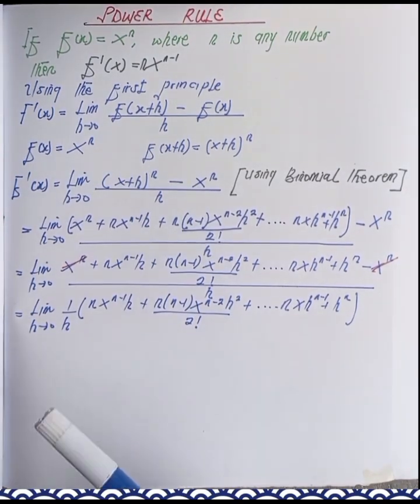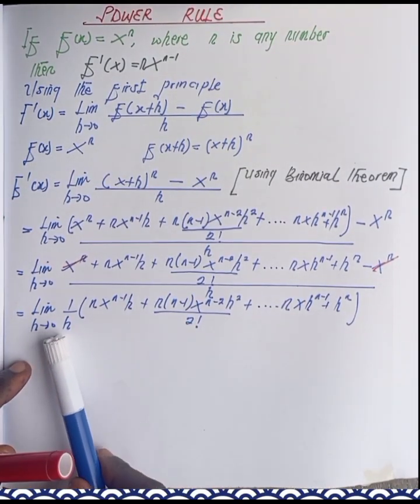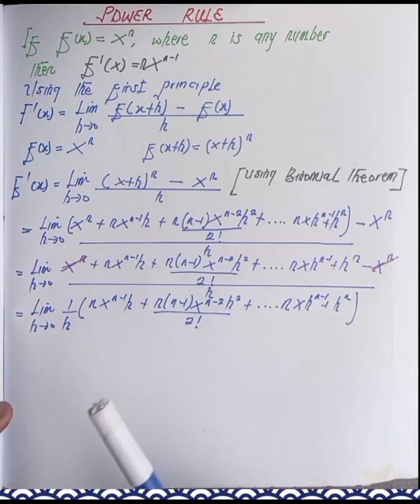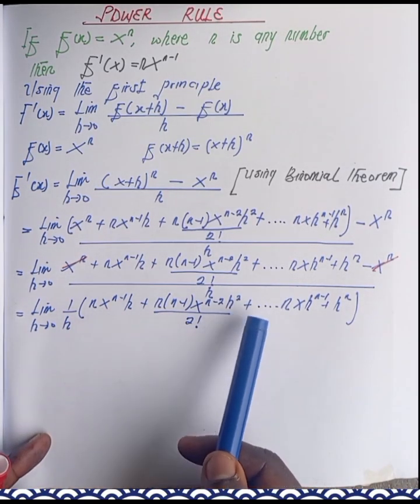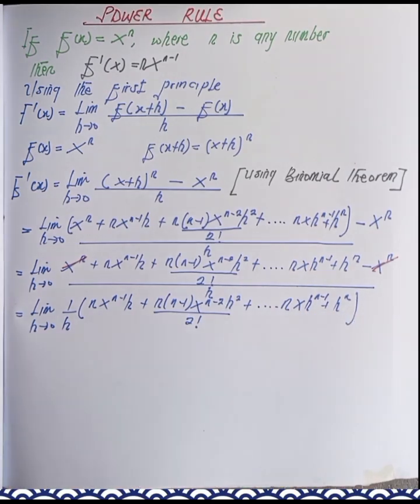From here, when we take the limit as h approaches 0, we are going to get 0. So what we are going to do is factor h out, because we have h and h. So we can factorize h out.